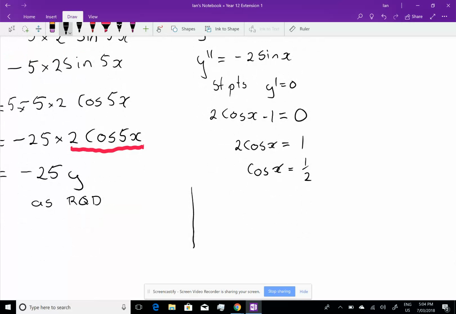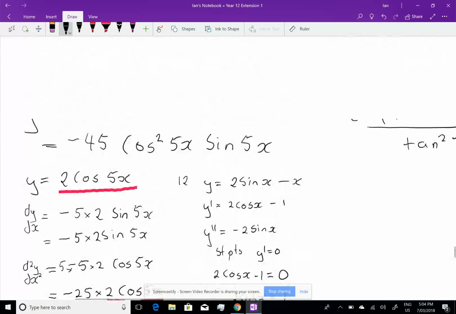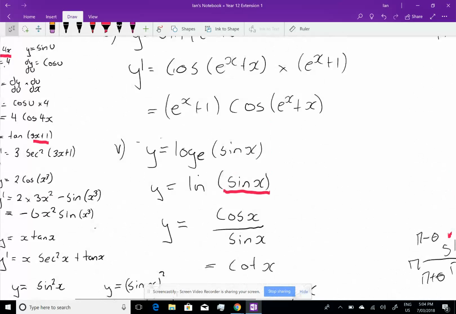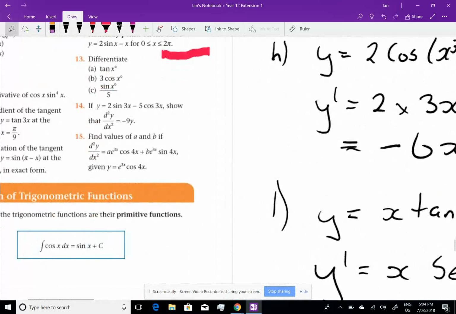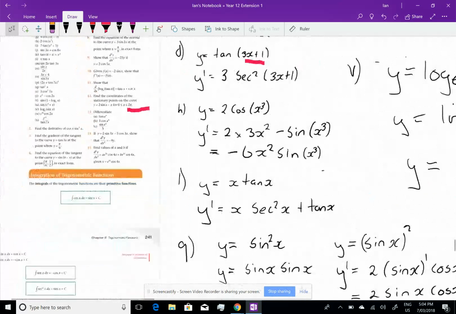All right, triangle, 1, 2, root 3, pi on 3. So x equals inverse cos of a half, which equals pi on 3. But we also know this is going to go round, so how many do they want, between what and what? Between 0 and 2 pi.